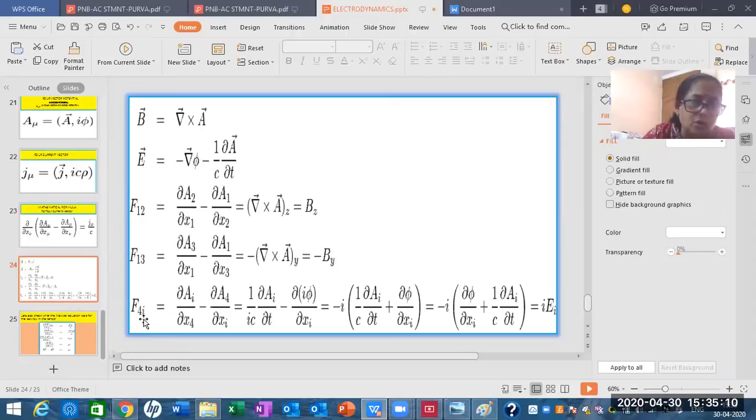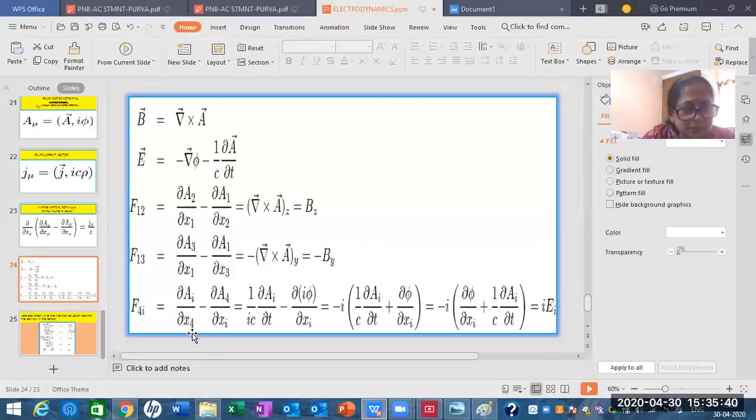In the fourth row, here it is written I, there we have taken it as nu. So 4I. The second variable is coming here and here. The first variable is coming here and here, similar to this. You see here A is differentiated with respect to x, but it is x4. X4 means the fourth component. The fourth component means what? It is the time component, isn't it?